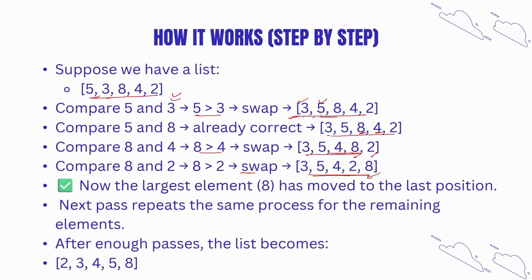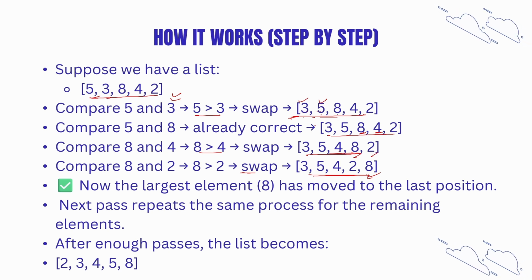What we did was we compared the adjacent digits. First we compared 3 and 5, and we swapped if they were not in the correct position. If the adjacent digits were at the correct position, like 5 and 8, there was no swapping required, so we did not swap.